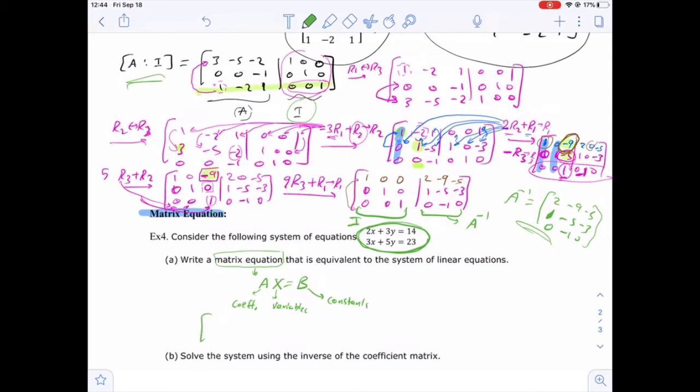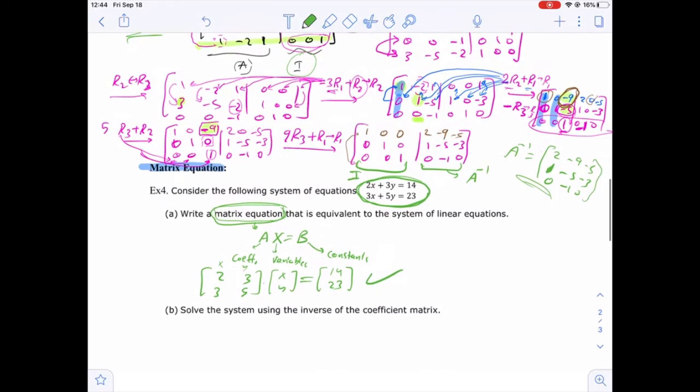So here, what are the coefficients? 2, 3, 3, 5. Those are coefficients of X, those are coefficients of Y. And then what are the variables? We have 2 variables, X and Y. On the right hand side we have constants, 14, 23. And that's it. This is now written in a matrix form, or as a matrix equation.